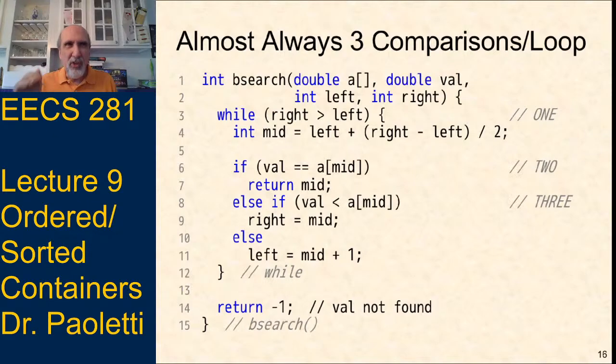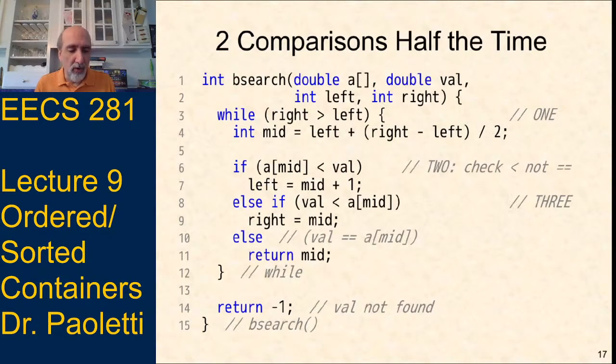Usually we don't count those because they're not comparing data, but we're going to count them here because we want to see all the comparisons, period. Comparison 1 compares the indices, which always has to happen. Then we do comparison 2, which is seldom true, so most of the time we do comparison 3. So we almost always do 3 comparisons per loop until we find it.